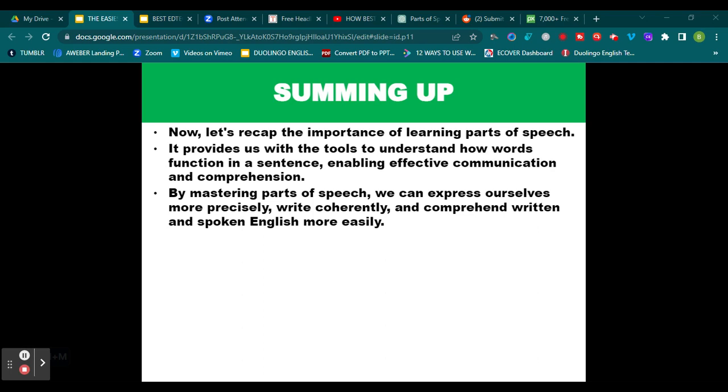So as you continue your journey in mastering English grammar, remember the power of parts of speech. They are the keys to constructing well-formed sentences and expressing yourself accurately. Thank you for joining me in today's lesson on the easiest way to learn parts of speech. Keep practicing, and soon you will be a master of English grammar.